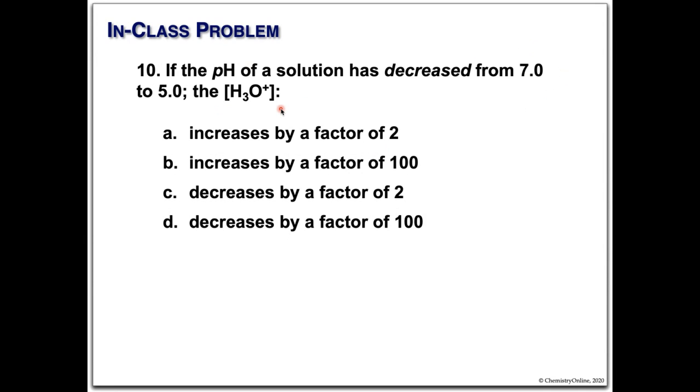Remember, 10 to the minus pH gives us hydronium ion concentration. So this one here is 10 to the minus 7 molar. 10 to the minus 7 is hydronium where we start. 10 to the minus 5 is hydronium when we end.